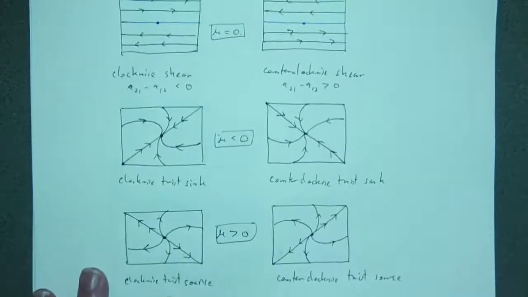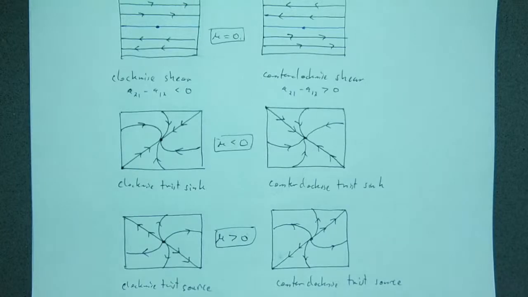Okay. And so there's the last 6 cases that we hadn't talked about yet. So that you have 2 real eigenvalues, there are 5 subcases. You have 2 complex eigenvalues, there are 6 subcases. You have 1 real double eigenvalue.